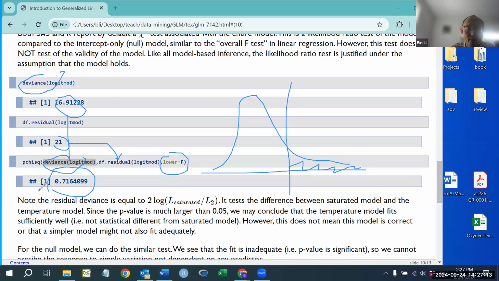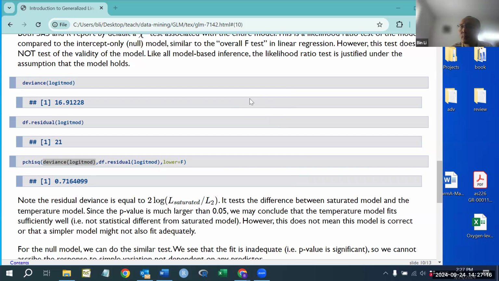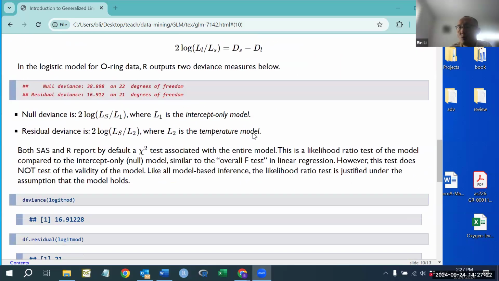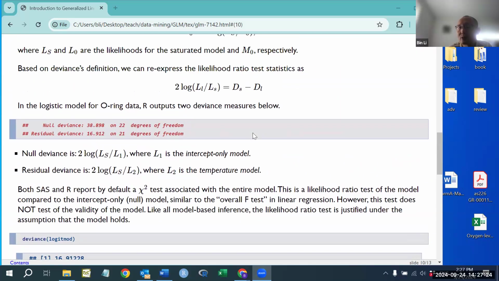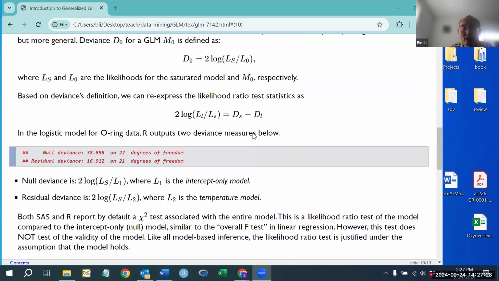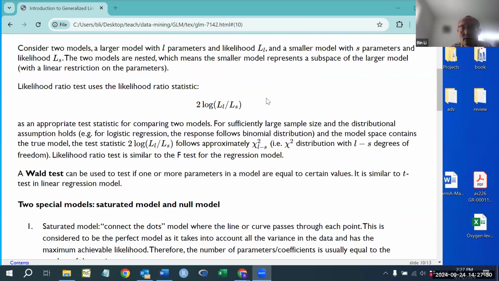Okay, what does that mean? When we interpret likelihood ratio test results, you have to know what the two models are that we compare. So here, in the likelihood ratio test, we have two models, right? A large model and a small model.